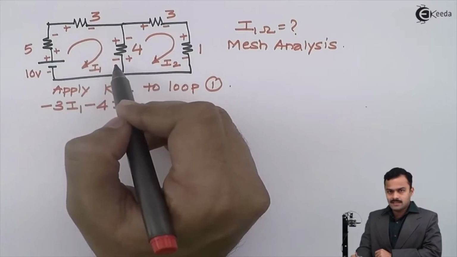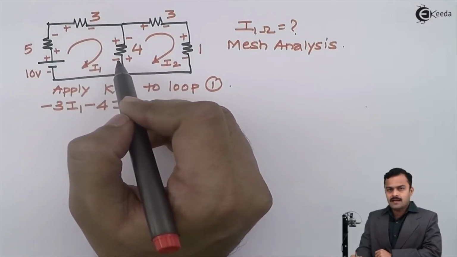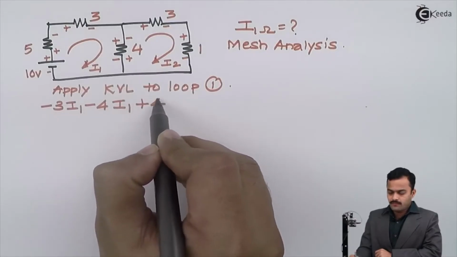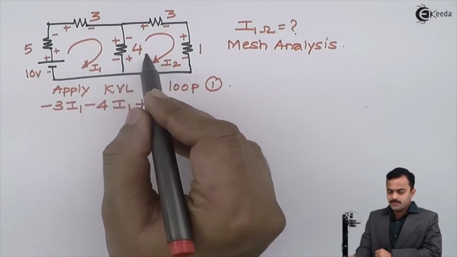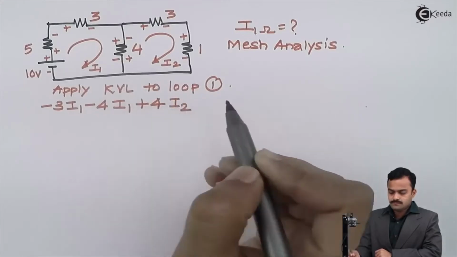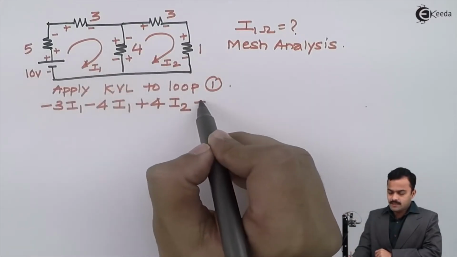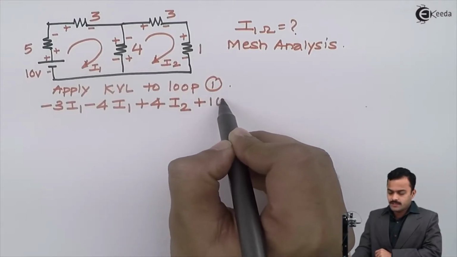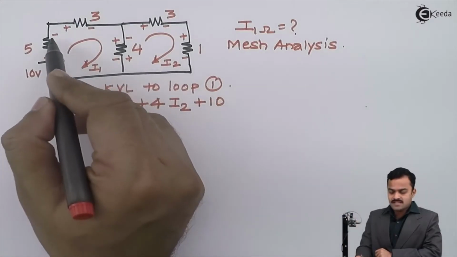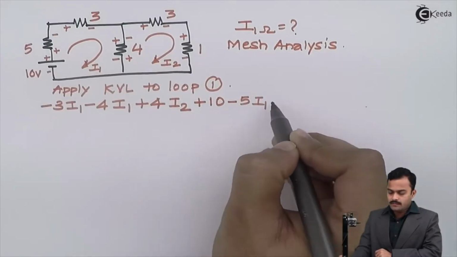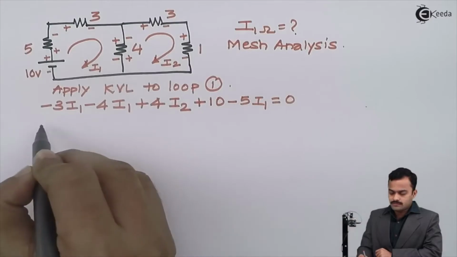In this direction, I will consider that as a voltage rise. So it is plus 4, and this is because of the I2. Minus plus is again a voltage rise, but that is a DC voltage battery. So 10 as it is. Plus minus again a voltage drop, minus 5I1, equal to 0.